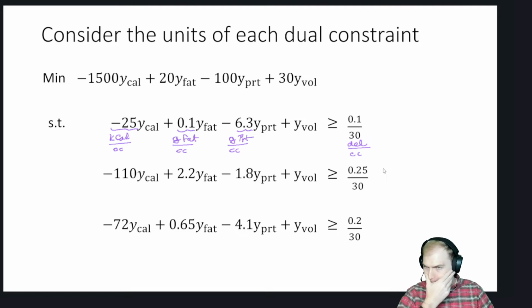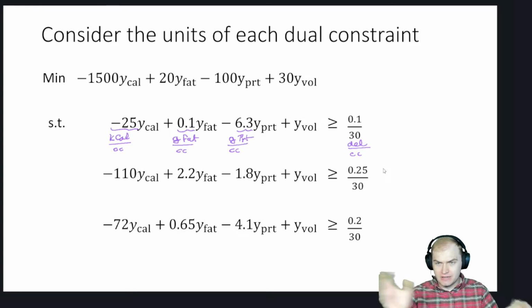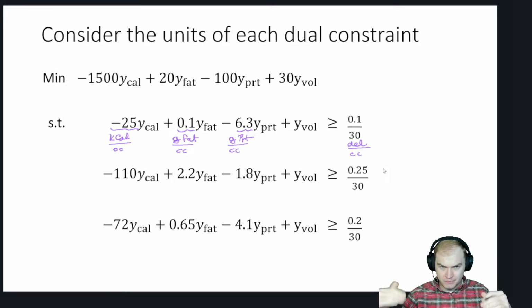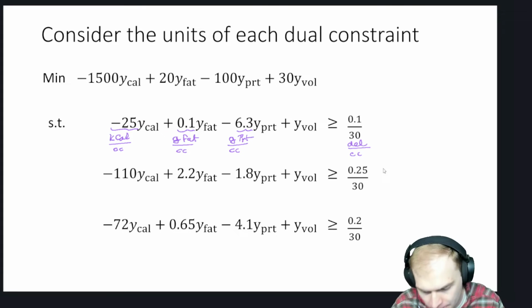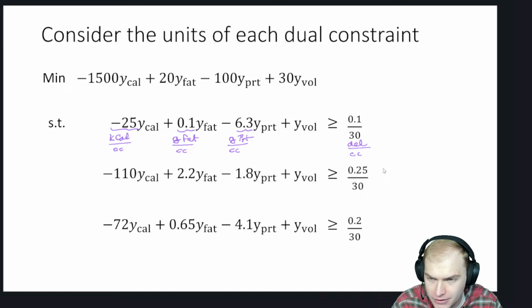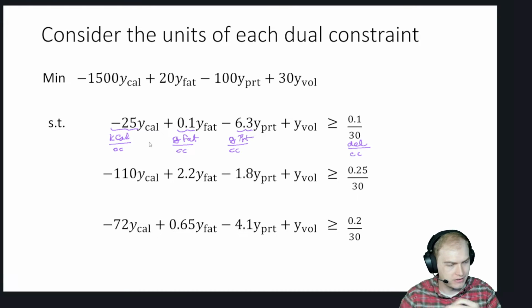So currently the left-hand side is something per cubic centimeter, and the right-hand side is deliciousness per cubic centimeter. And what we're going to do is figure out what units we can assign to our variables to make the left-hand side evaluate as deliciousness per cubic centimeter, like the right-hand side is.